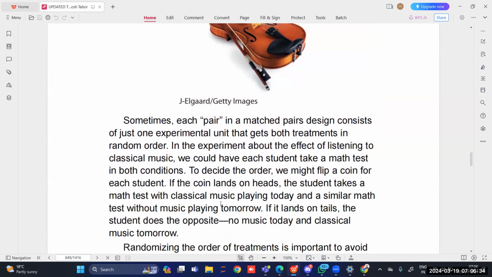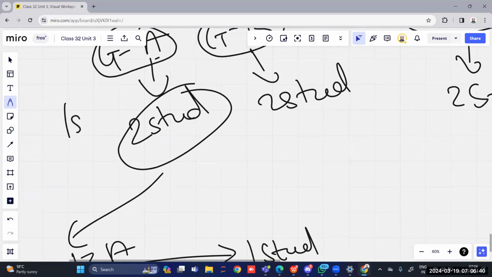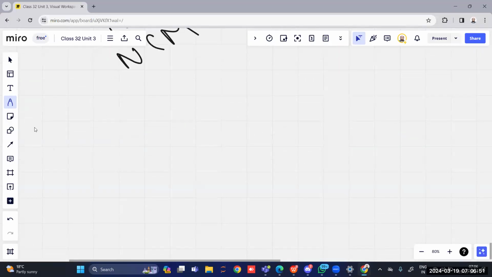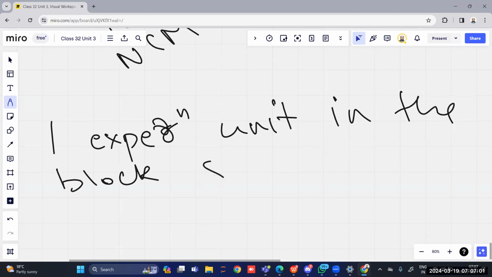Sometimes each pair in a matched pair design consists of just one experimental unit. It can happen that each block contains only one student, or one experimental unit, or one subject, who gets both treatments in random order. If there is only one experimental unit in the block, he gets all the treatments at random.